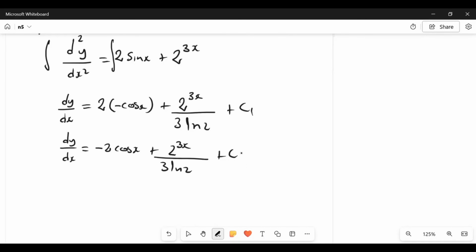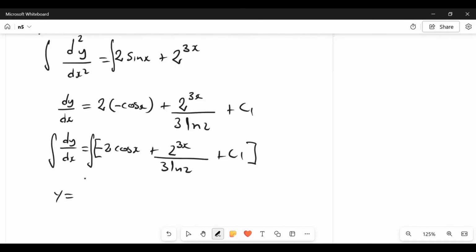So we can call this one C1 because we are not done. Now that we are finished with the first integral, we need to do the second integral. So you have to introduce sigma again here for both sides as well, right? Let's put this inside the bracket like that. So when you integrate the left-hand side, which is dy over dx, the integral is going to be y. There we go.